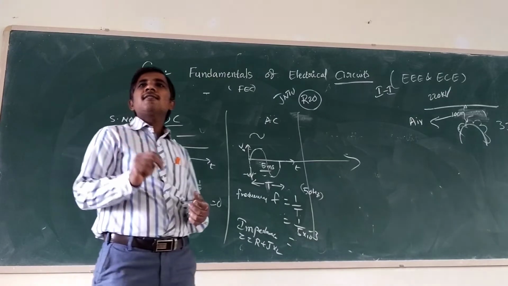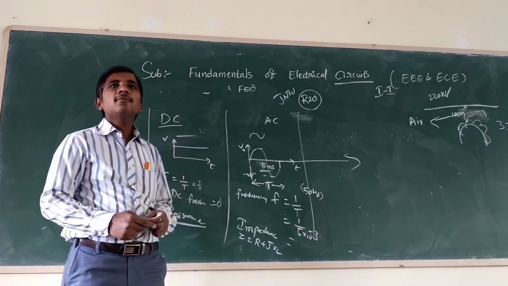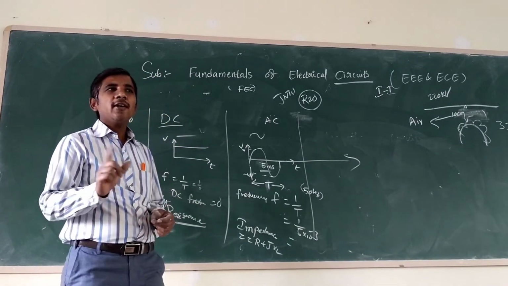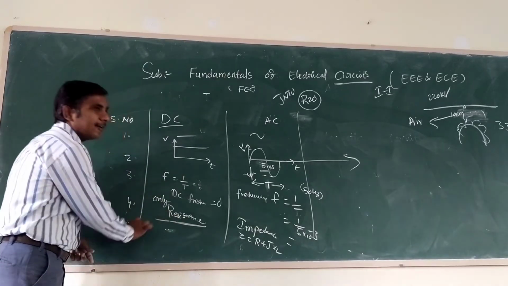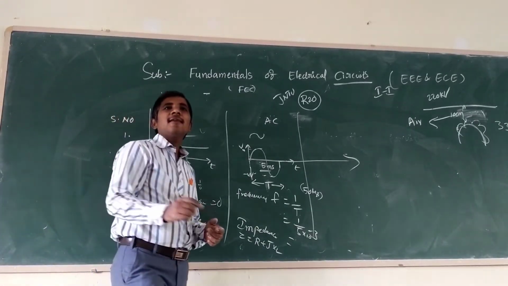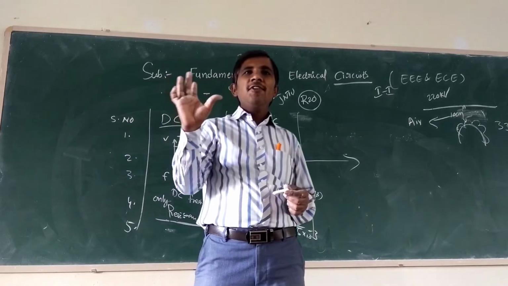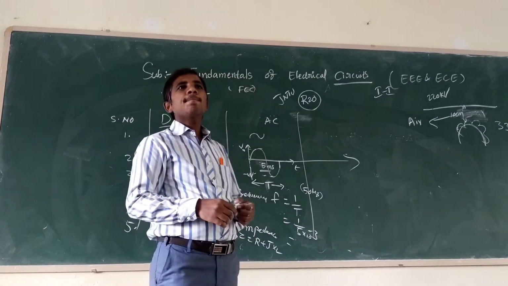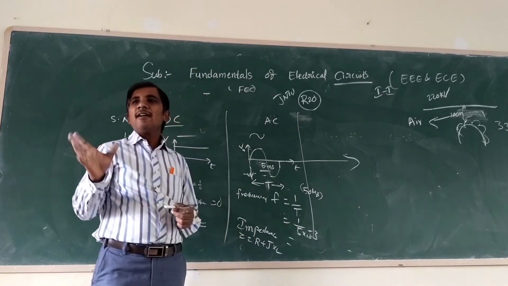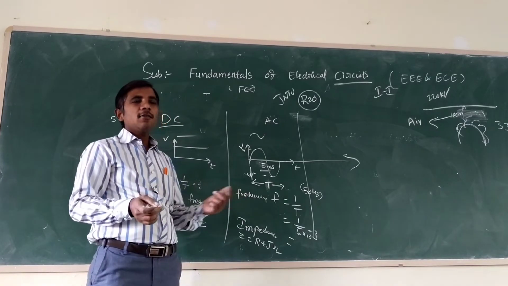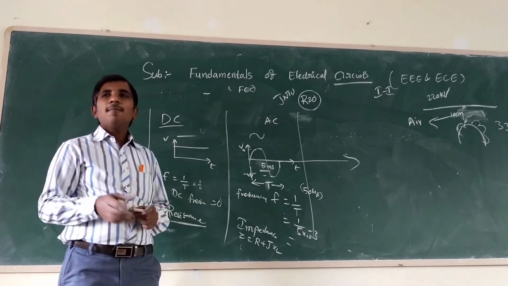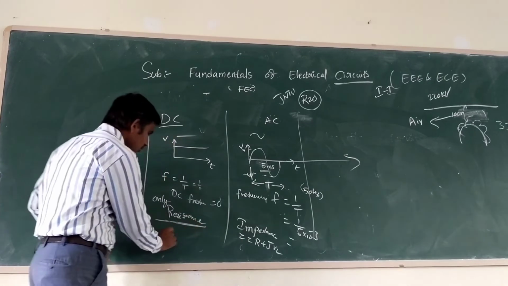DC utilizes only two conductors. DC has how many polarities? What are the polarities in DC? If you consider a battery, what are the polarities we have? Positive and negative.